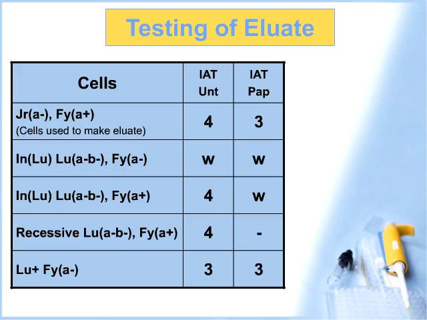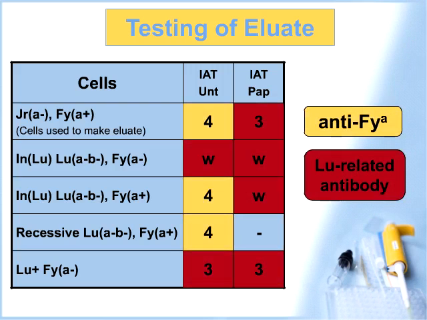So I hope you'll agree that it shows very nicely that we have eluted the anti-Duffy, which is stronger there, untreated IAT, but we have also eluted a Lutheran-related antibody to a high-frequency antigen. The weak reactions with the In(Lu) cells are due to the fact that they are not negative for Lutheran antigens, they are weak, and this antibody is picking up that weak Lutheran antigen on those cells.